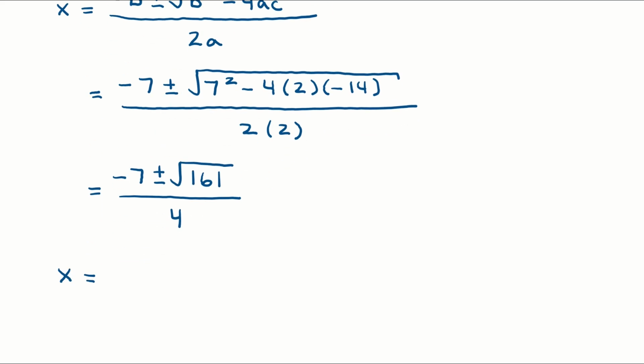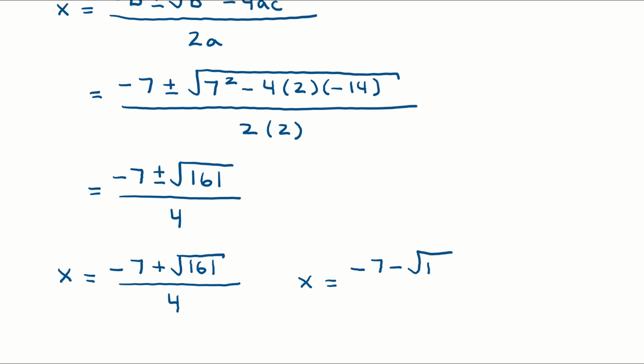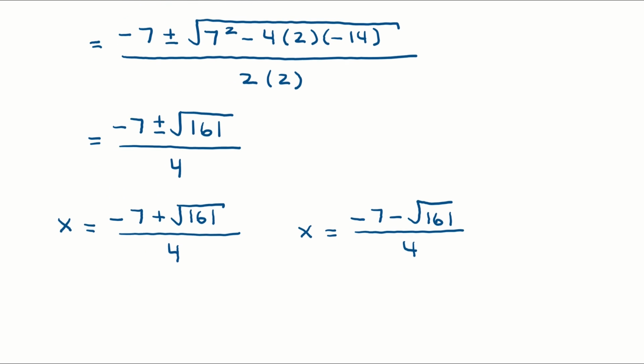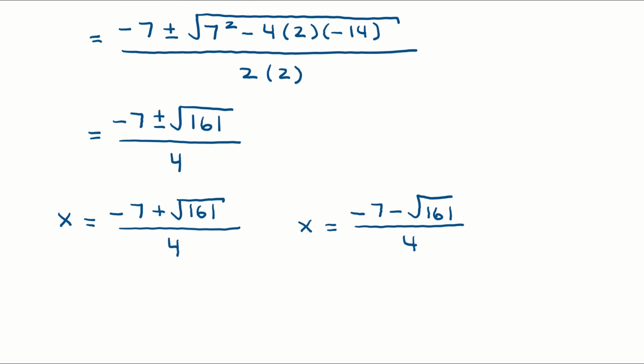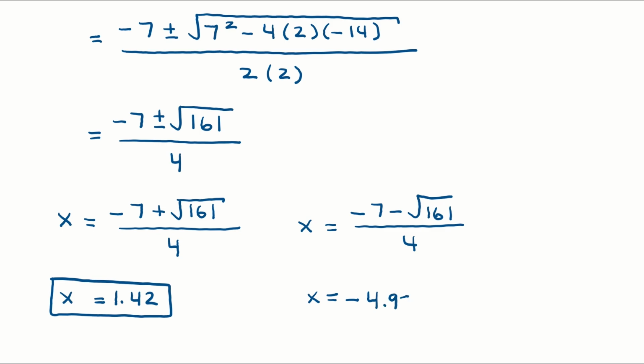It is x is equal to negative 7 plus the square root of 161 over 4, and x is equal to negative 7 minus the square root of 161 over 4. I'm going to approximate these as decimals as well. So the first one is going to work out to 1.42 approximately, and the second one will work out to negative 4.92.